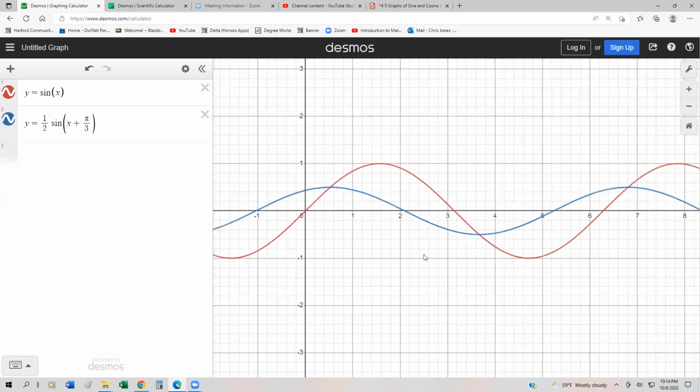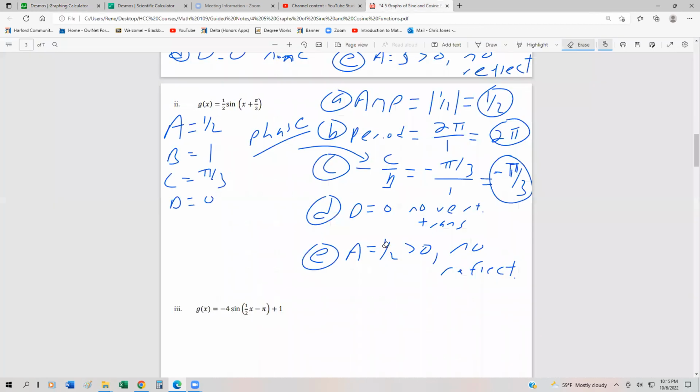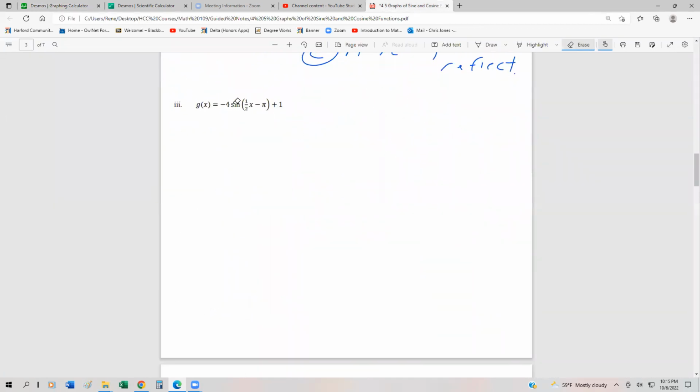Okay, so that's how we want to try to just visualize what these things look like in our head, these functions. Okay? A third example, we have negative 4 sine of 1/2 x minus pi plus 1. Okay, identifying A as negative 4, B as a half, C as negative pi, and then D is going to be equal to 1.